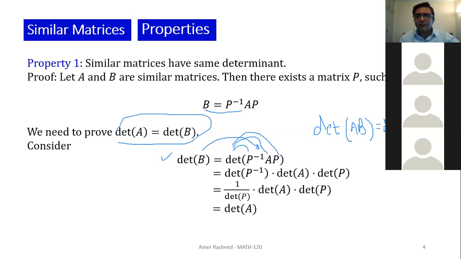So we can write the determinant of the whole thing as determinant of P inverse times determinant of A times determinant of P. Now we know that determinant of P inverse is equal to 1 over determinant of P. Now we can cancel out determinant of P with determinant of P. We get determinant of A. It means determinant of B is equal to determinant of A. So this is a very important property of similar matrices.